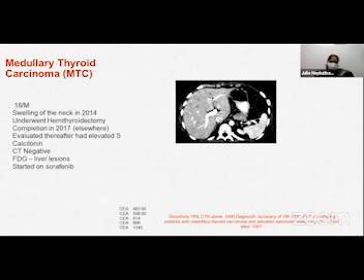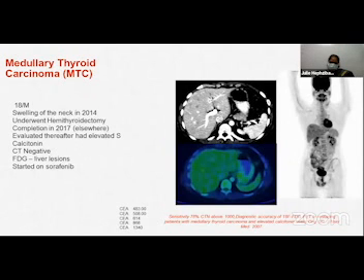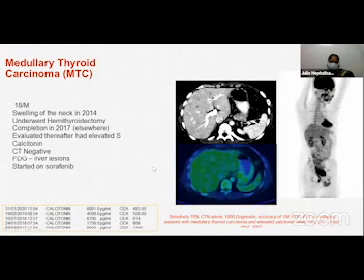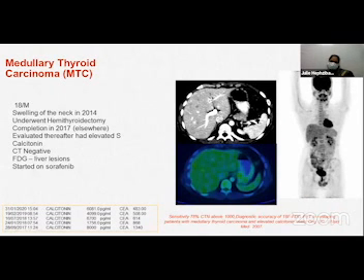There's an 18-year-old male with swelling in the neck who underwent hemithyroidectomy and was found to have MTC. We did the FDG scan, and there was an uptake in the liver. His calcitonin was progressively increasing along with the CEA. The sensitivity of an FDG PET-CT is about 78% when the calcitonin is more than 1000.